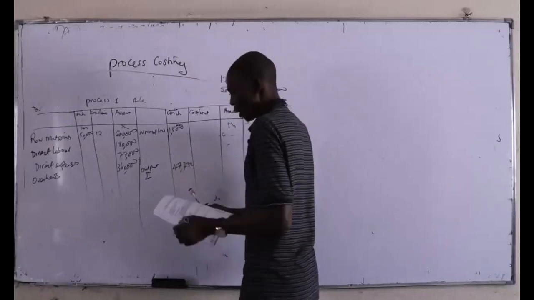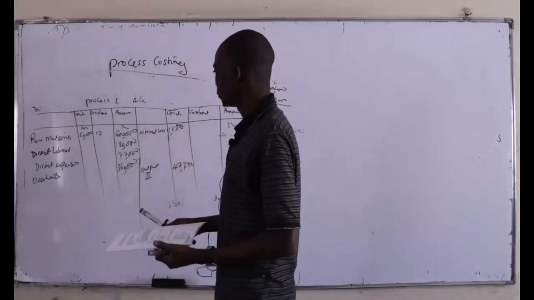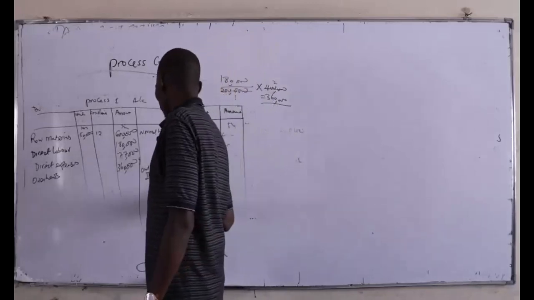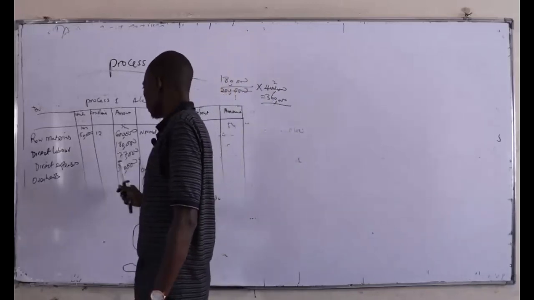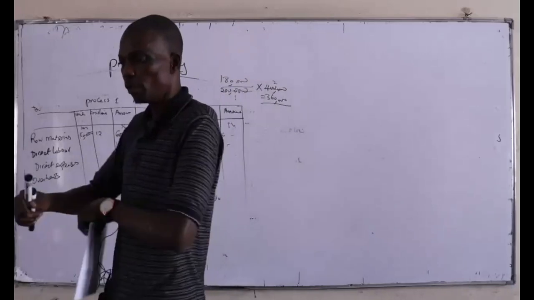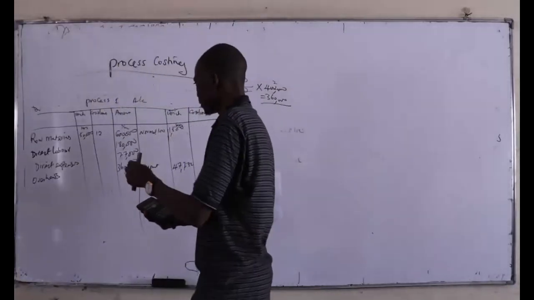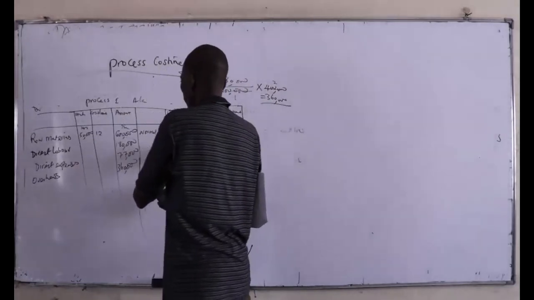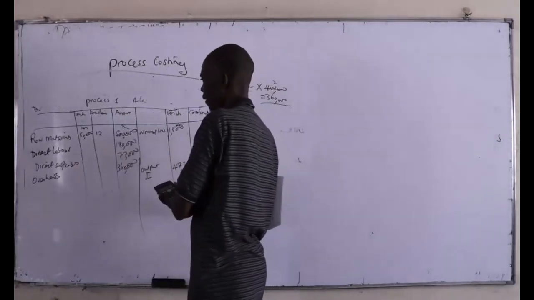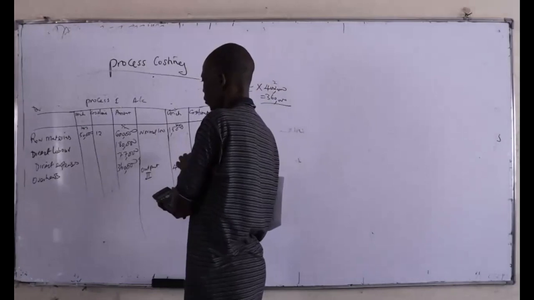732. Now the balancing figure between this 1,500, the 732 and 50,000 should be able to give us what we call abnormal loss or abnormal gain. So if this side is higher than this, then essentially the difference is abnormal loss.